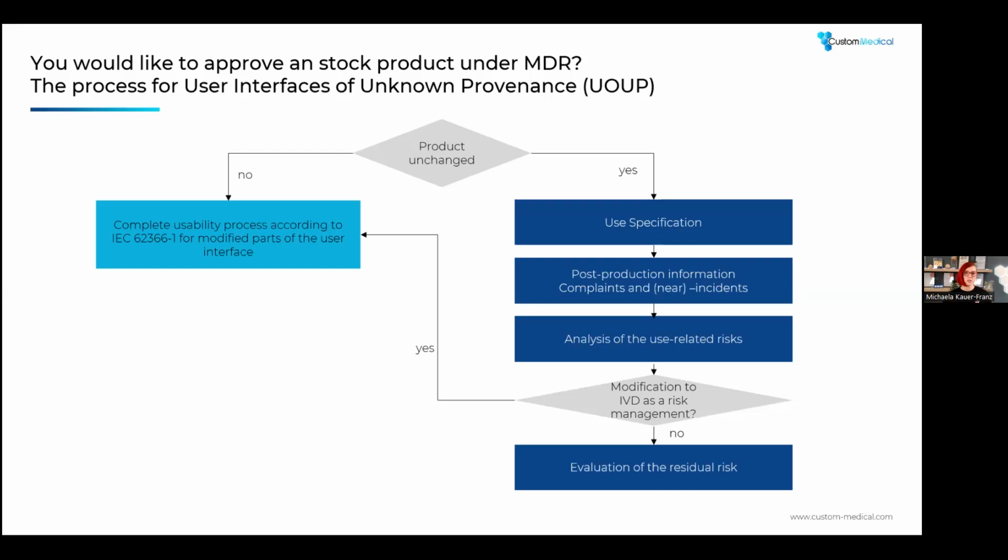So what you can do is you can write down your shortened version for the syringe itself. And for the parts that you're modifying, you have to apply the complete process, which means you have to do all the documentation. You have to define your user requirements. You have to define your hazard-related use scenarios. And you have to do some testing, which shows that there is no risk.